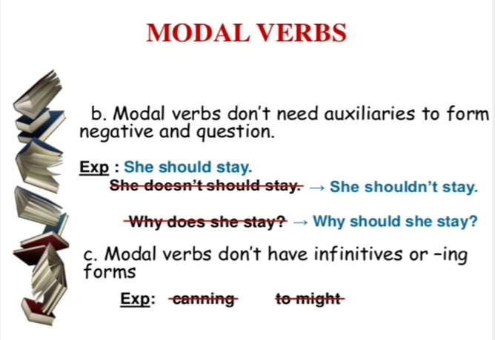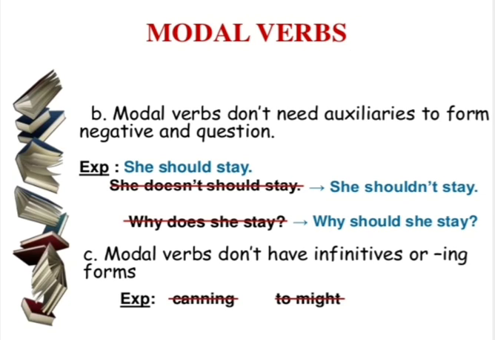So here it will be, you see, she should stay, she should not stay. We will not say she does not should stay. It will be wrong. So when we use modal auxiliaries and we have to make a question or negative sentence, we will use not with the modal auxiliary only. She should not stay. Why should she stay?